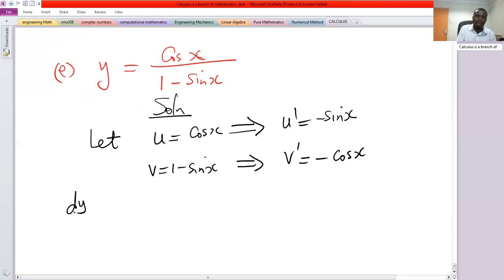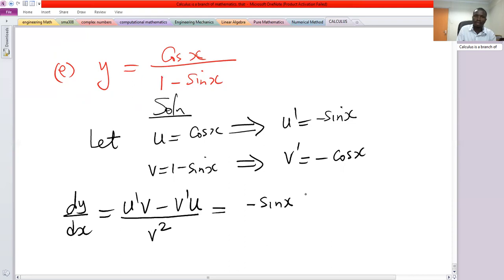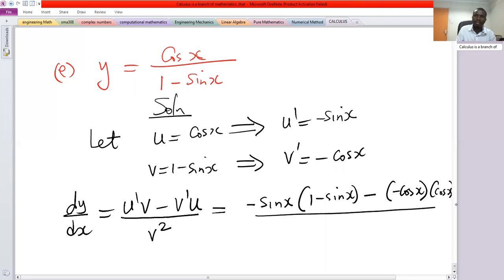So dy dx by definition is u prime v minus v prime u divided by v squared, which will be u prime is minus sine x times v is 1 minus sine x, minus this v prime is minus cos x times u is cos x, divided by v squared. So v squared is 1 minus sine x squared.